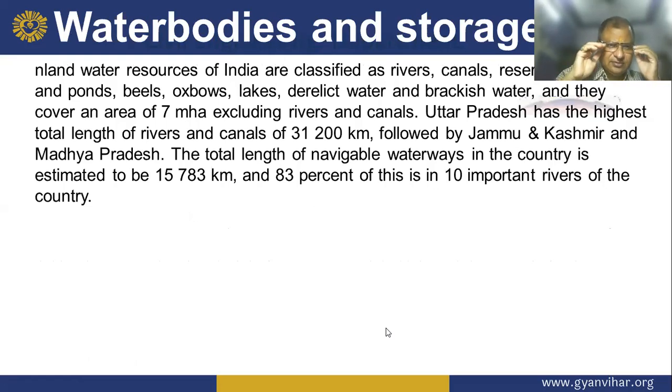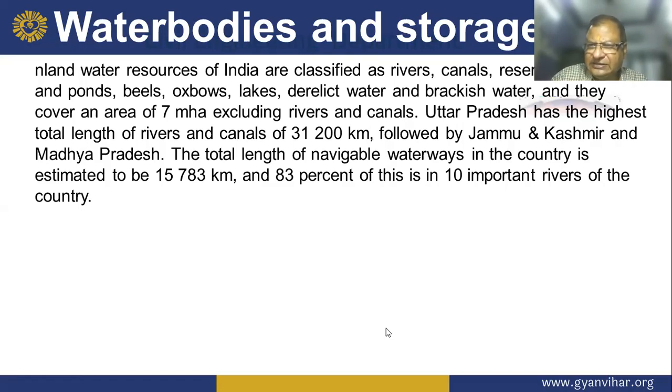The water resources of India are classified as river, canal, reservoir, tanks and ponds, beels, oxbow lakes, derelict water and brackish water, and they cover an area of 7 million hectares, excluding river and canal.